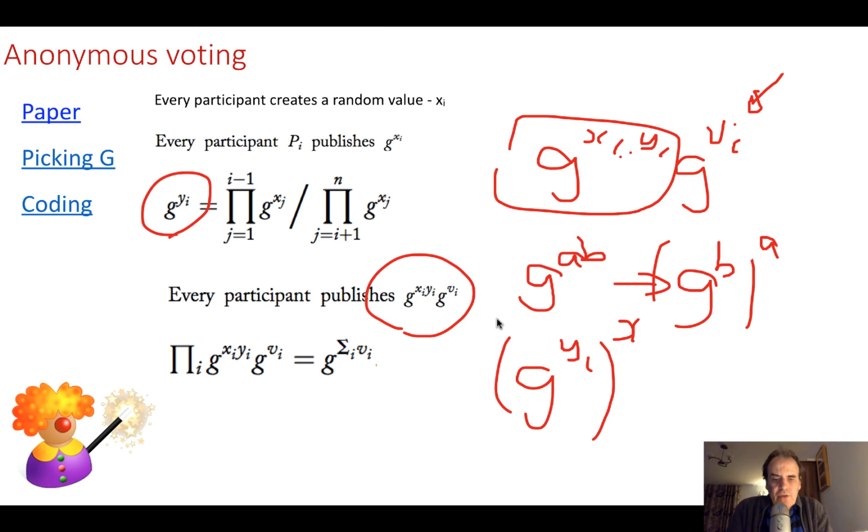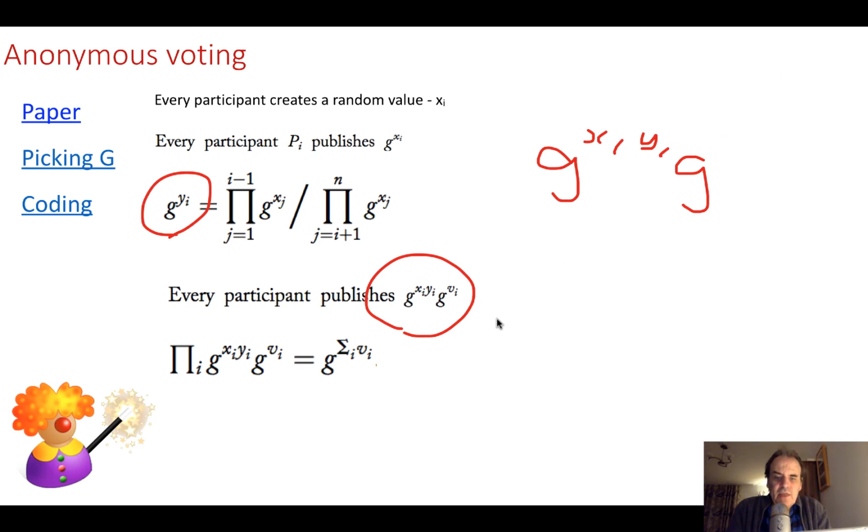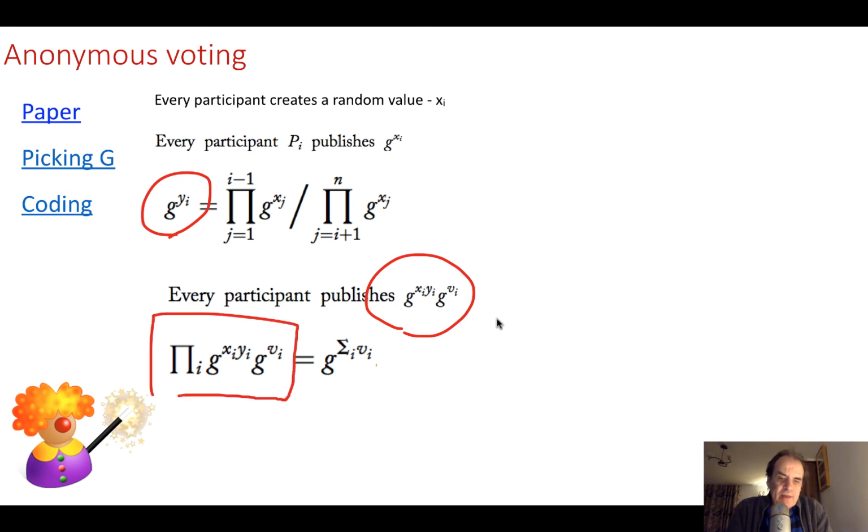On the next part, all of the participants will see all of the votes cast, and then they will be able to multiply them all together. As we said, this is the multiplier. When we multiply we're actually adding, and because of the way we've done this, this part cancels out, and we end up with a summation.